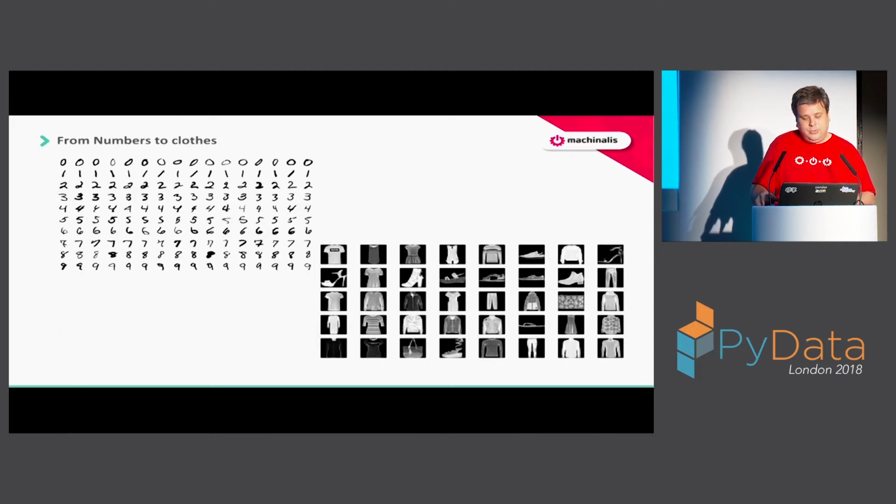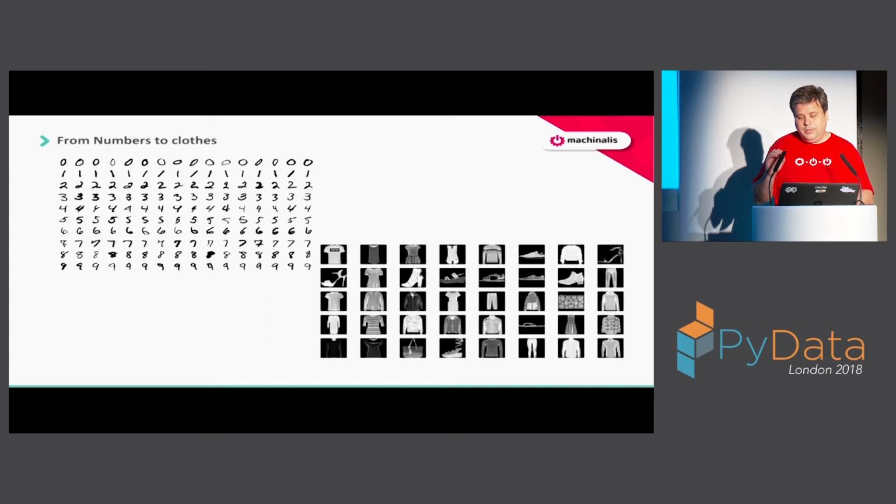Well, 1 or 2 years ago, the company Zalando, which sells clothes on the internet, produced a similar dataset with the exact same format, but it uses clothes. Instead of 10 numbers, it has 10 types of clothes.